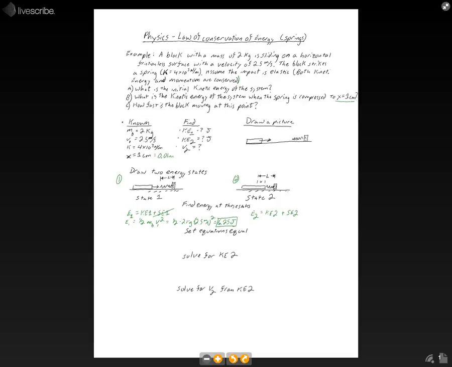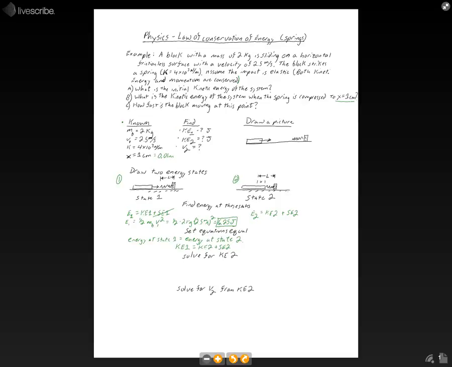So your energy at state 1 is equal to energy at state 2. Technically, because the spring energy at state 1 is zero, KE1 is equal to KE2 plus the spring energy at 2.